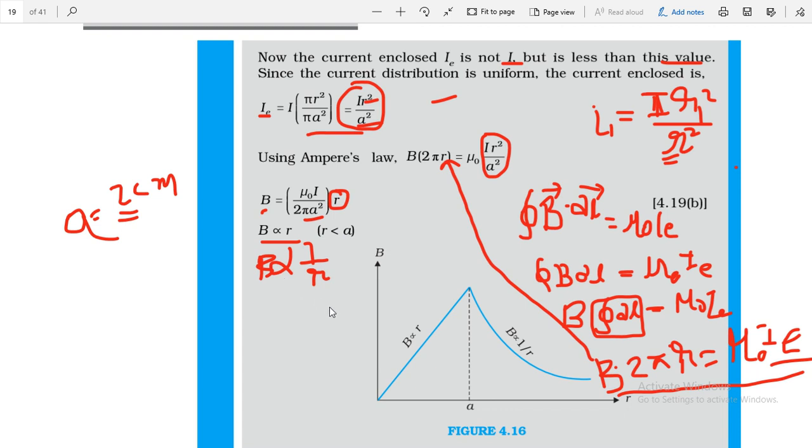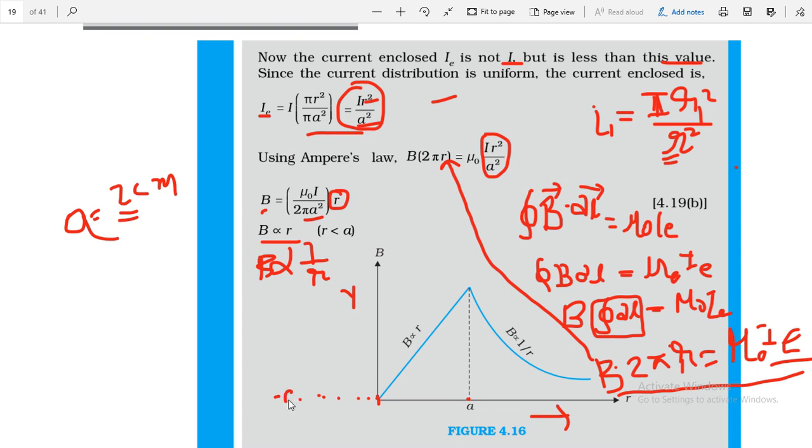So let's see the variation of this magnetic field with the distance. Suppose we are plotting distance along the x-axis and the magnetic field along the y-axis. Now let this point represent the value of radius equal to a. The center is represented here, and the whole conductor is represented by this part. Suppose this point is minus a.